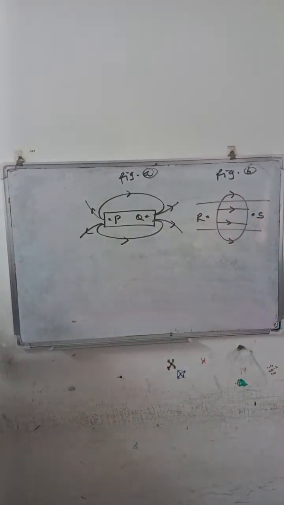So this is the diagram given. From this they are asking us to find out these points P, Q, R and S.